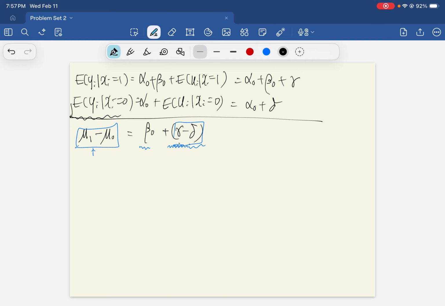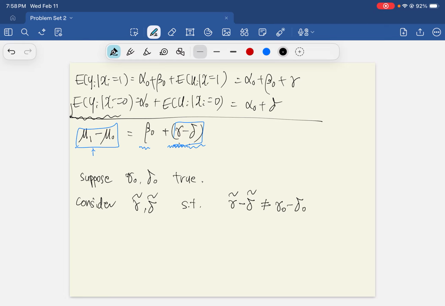Then using that idea the other way, suppose that gamma 0 and delta 0 are the true values. And now consider any values gamma tilde and delta tilde such that gamma tilde minus delta tilde is different from gamma 0 minus delta 0. Then I will define beta tilde such that beta tilde plus gamma tilde minus delta tilde equals beta 0 plus gamma 0 minus delta 0.